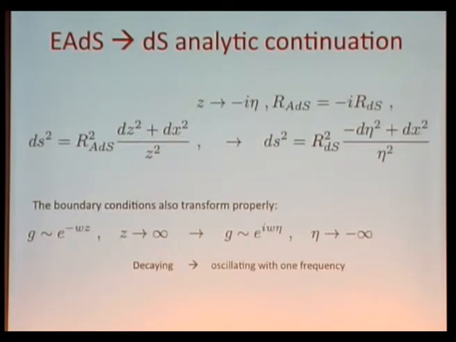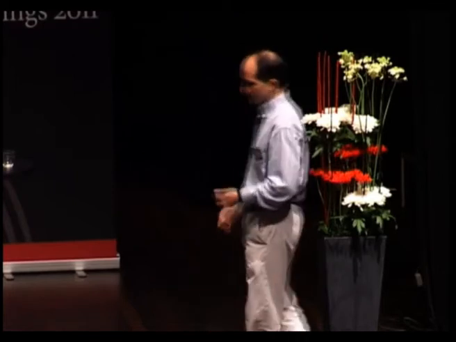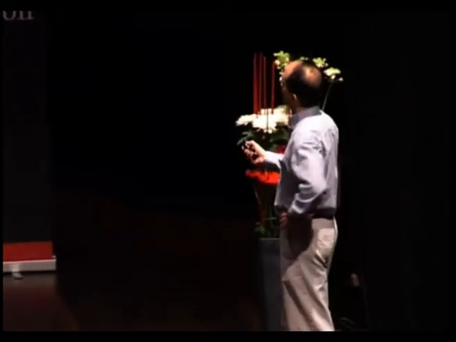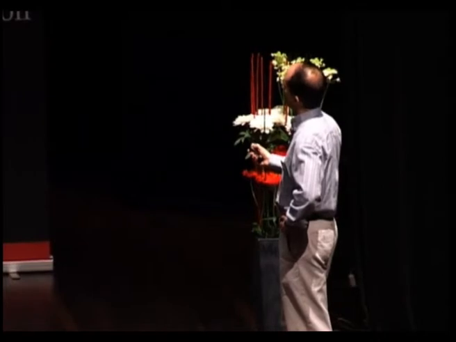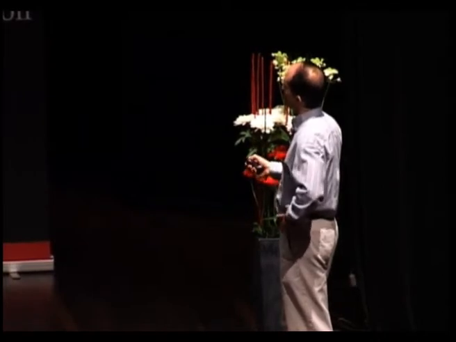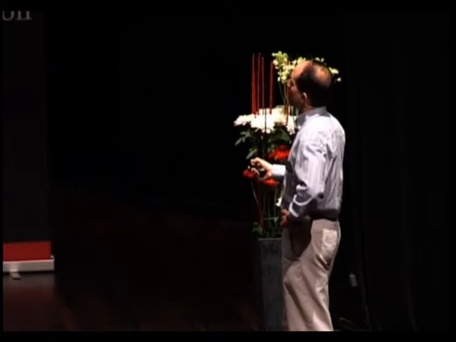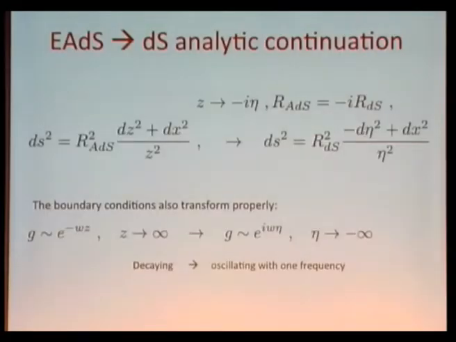In other words, here, if we were doing a calculation in Euclidean anti-de Sitter, we would add a perturbation to the metric, and we would demand that the metric goes to that boundary value at c equal to 0, but at c equal to infinity, that perturbation decays as you go to the interior of space. Similarly, in de Sitter, we were putting this positive frequency boundary condition when eta goes to minus infinity, and under this analytic continuation, these two really go into each other.